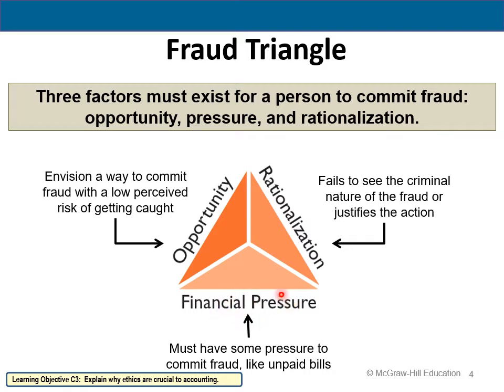So opportunity you want to think of as the chance to commit a fraud. Like if I'm in control of a bank account and I can go to the bank and withdraw money, that's an opportunity, right? Because the company has listed me as an authorized user on their bank account.